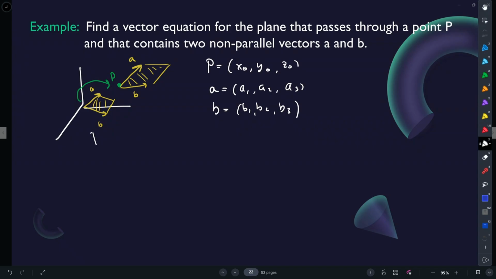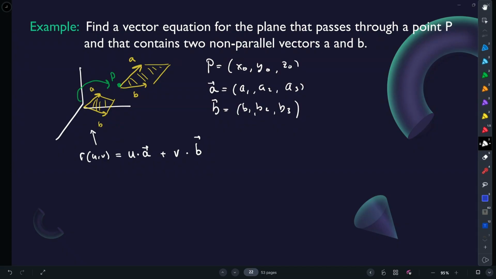This plane over here is actually simple to parameterize. If you want to parameterize a plane that contains those two vectors, then I need to contain every point that is a multiple of A. So it has to be U times the vector A, let's put little arrows to know those are vectors, plus V times any copy of B. And then A plus B, that's another point that is on that plane.